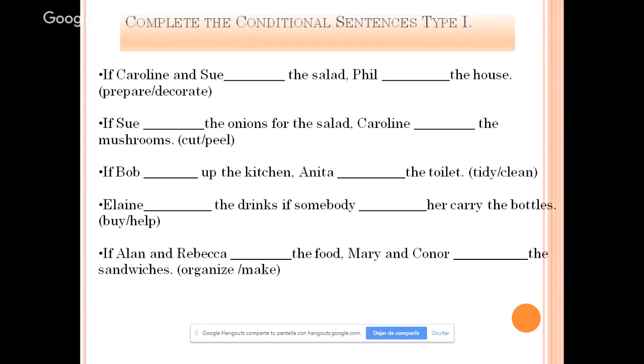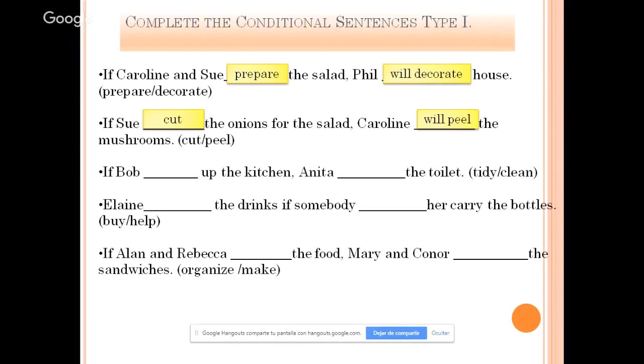All right. If Caroline and Sue prepare the salad, Phil will decorate the house. The second, if Sue cuts the onions for the salad, Caroline will peel the mushrooms.